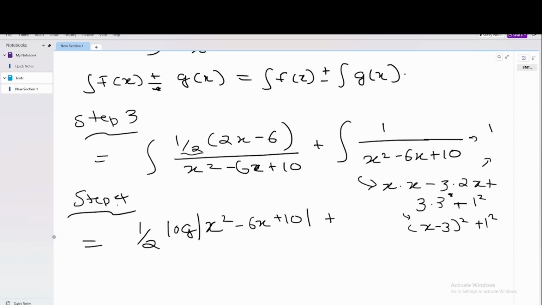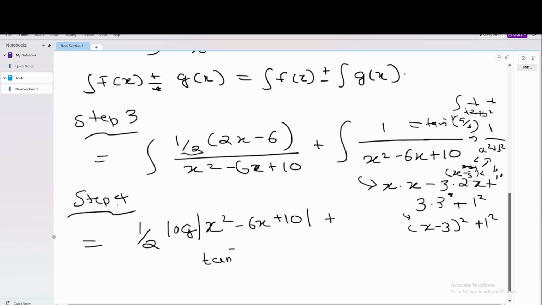This is 1 by a square plus b square. Here a is x minus 3, the whole square, b is 1 square. So the integration of 1 by a square plus b square is equal to tan inverse a by b. So that is tan inverse, here a is x minus 3 by 1.